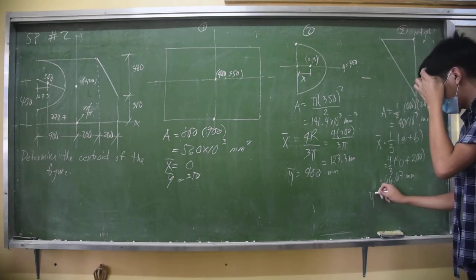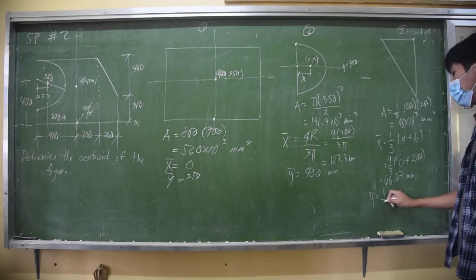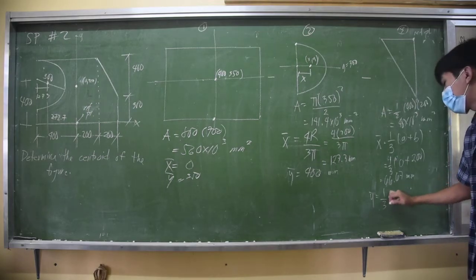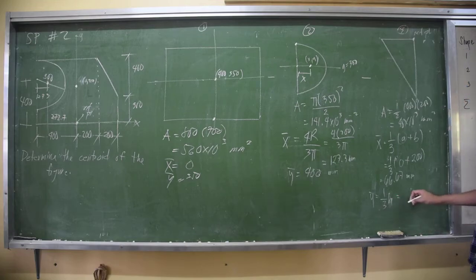Then last is your y, which is equal to 1/3 of your height. So that is 400 divided by 3, which is equal to 133.33. But the question is, where are our x and y?